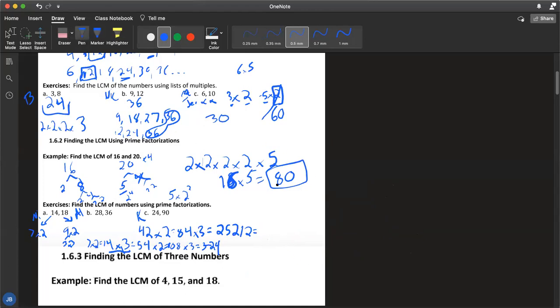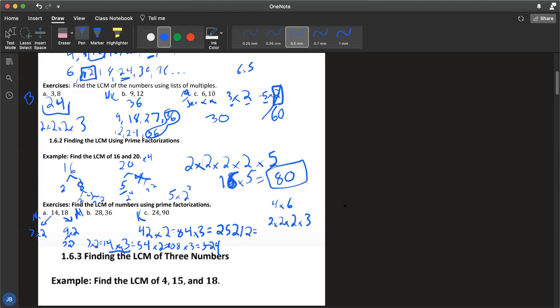So I first split up 24. I split it into 4 times 6, and then I split the 4 into 2 times 2, and then the 6 into 2 times 3.